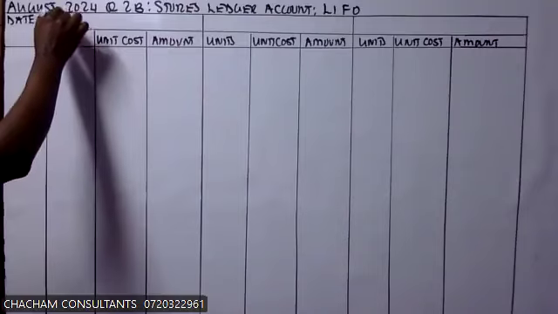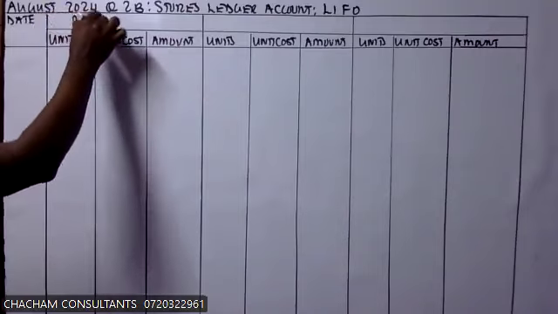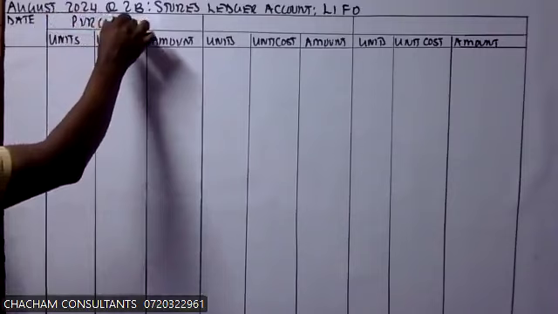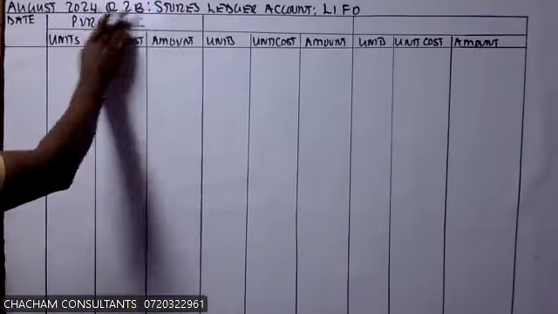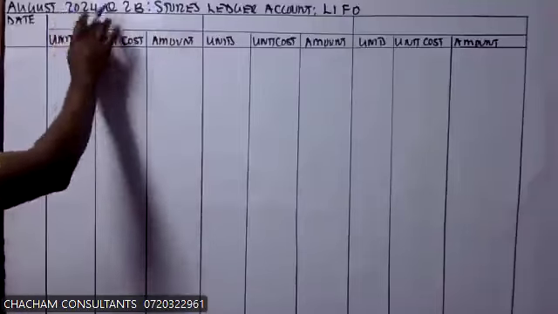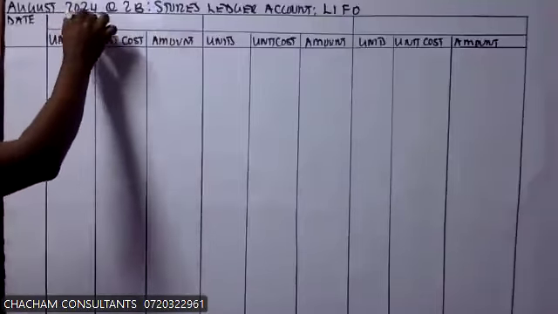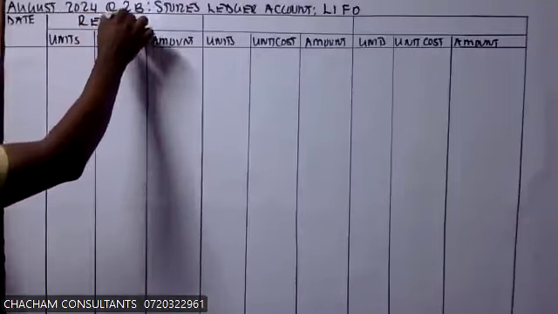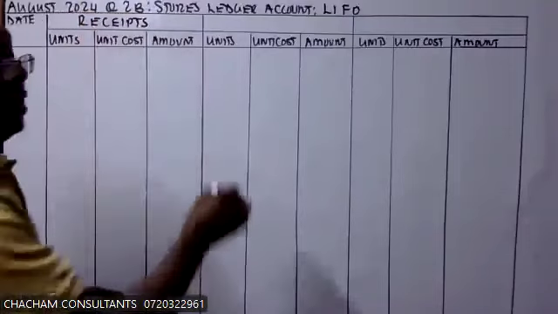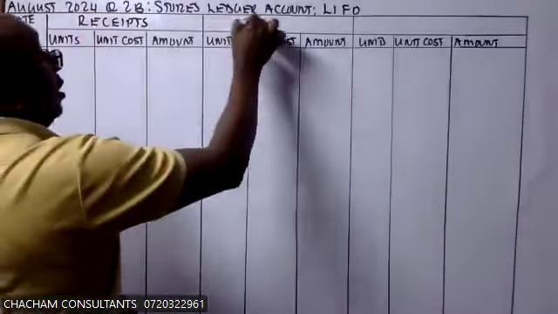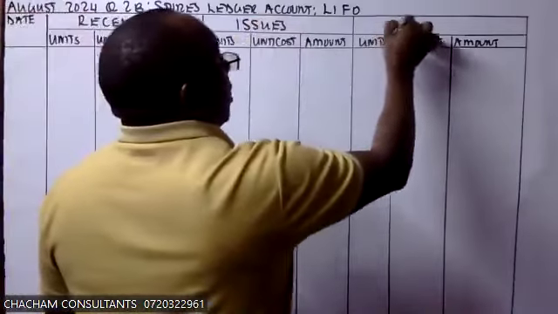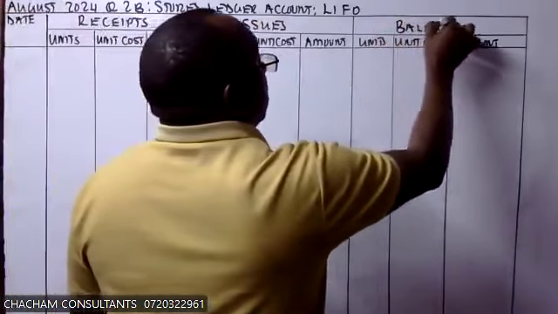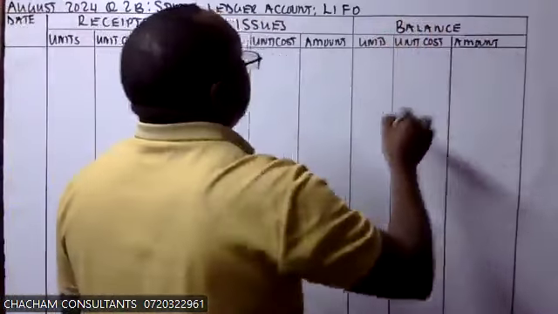So this is called purchases or receipts. Actually, the correct word is receipts. And then here is issues. And then this one is balances.